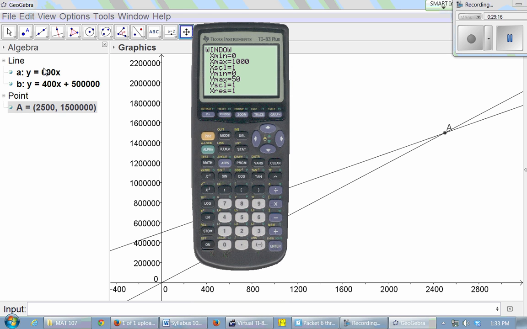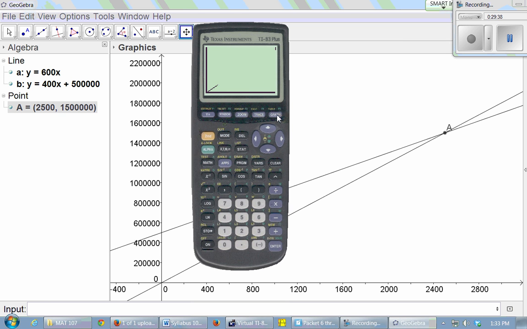And then what's 600 times 1,000? 600,000. So I got the 1,000 out of thin air. Well, my revenue would be $600,000. So this is just a total guess, based on the context of the problem.